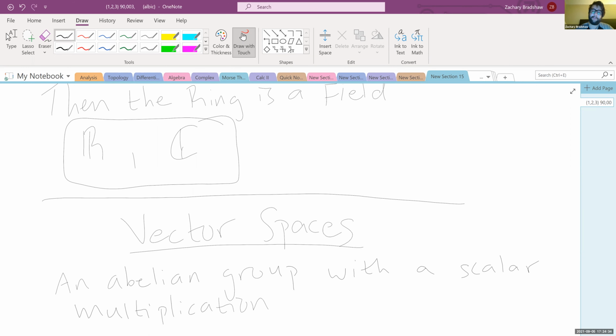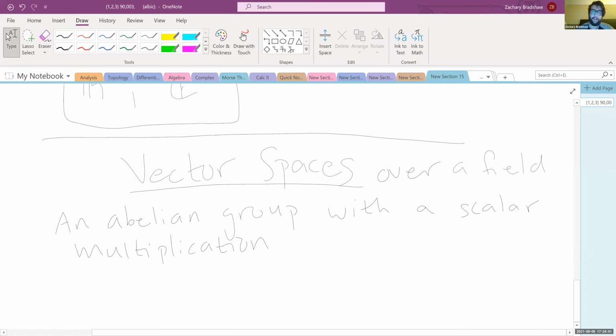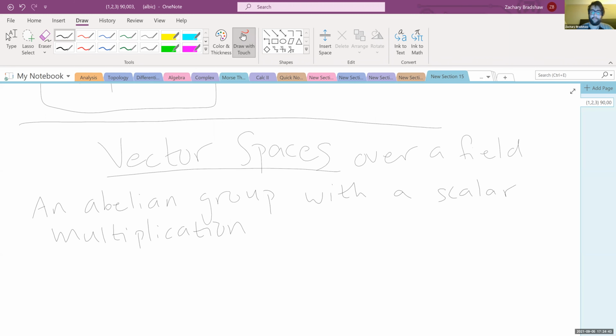So what I should have said here was vector spaces over a field, because we need two things. We need elements of the vector space. So for example, an example of a vector space is, let's say, R2. That's a little more descriptive. So R2 is the set of all pairs x, y, such that x and y are real numbers.